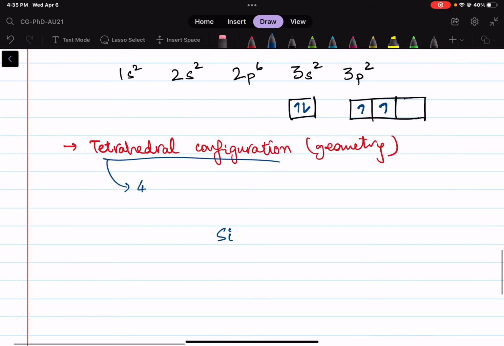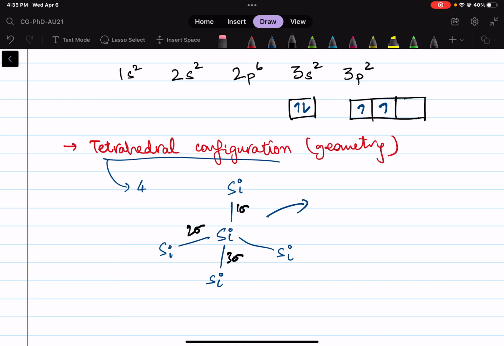So you have one silicon joined with other silicon, and then another silicon, and then another silicon, right? So here, if you carefully look, there is one sigma bond, the second sigma bond, the third sigma bond, and then the fourth sigma bond. So there are 4 sigma bonds, which are again also 4 single bonds.